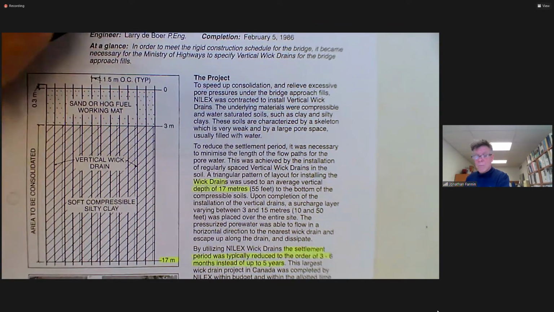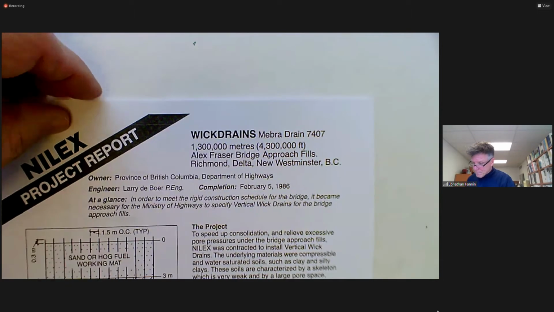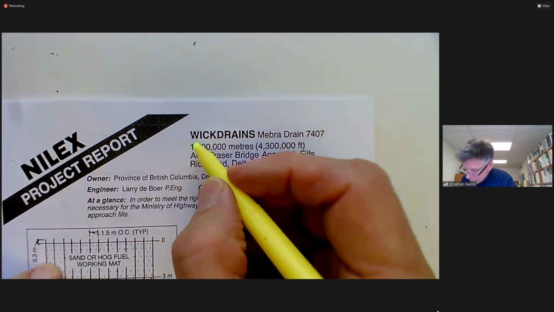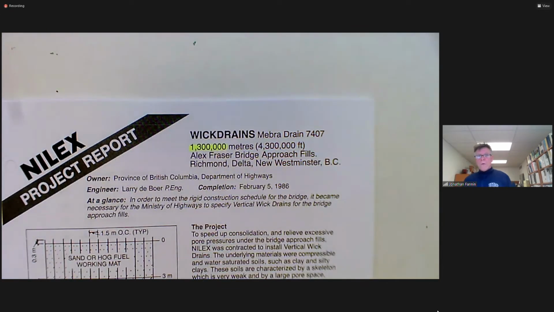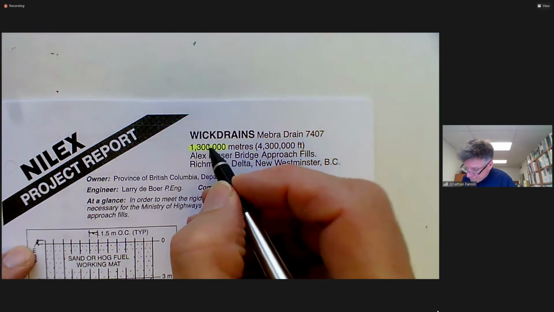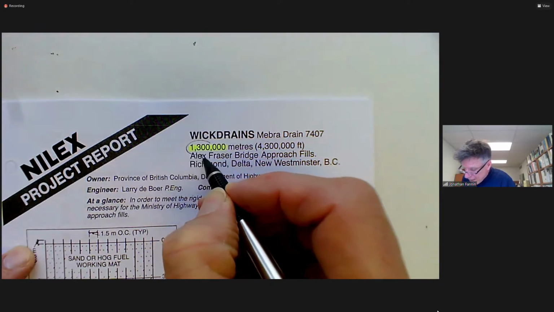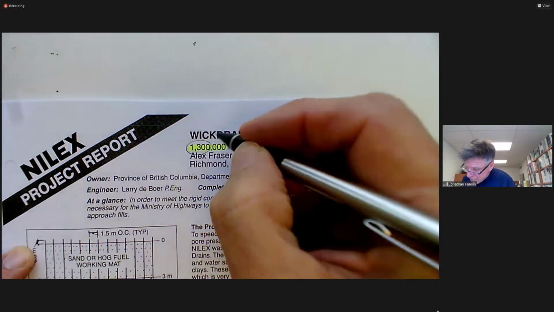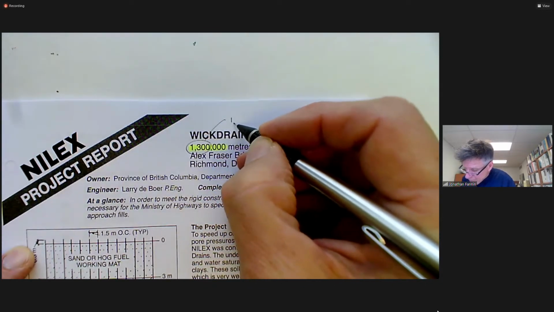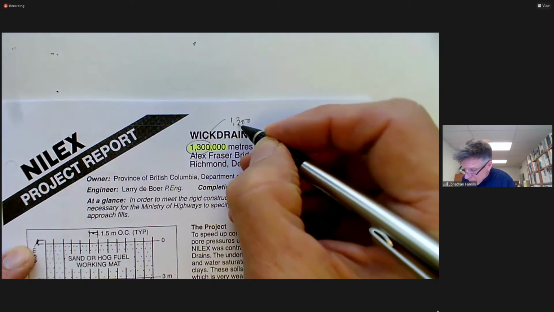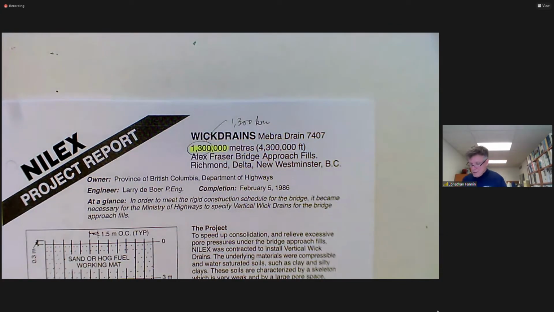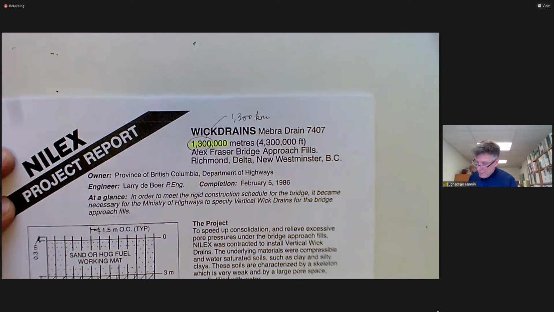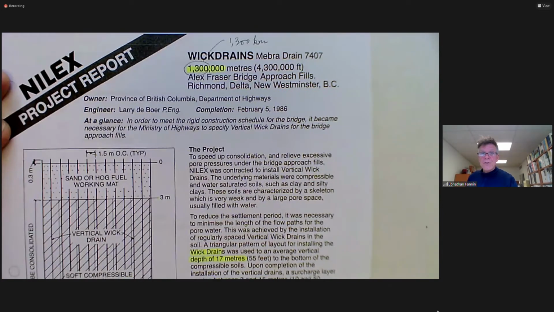If we come back up here, 1.3 million meters, 1,300 kilometers of wick drains installed as a part of the bridge approach.